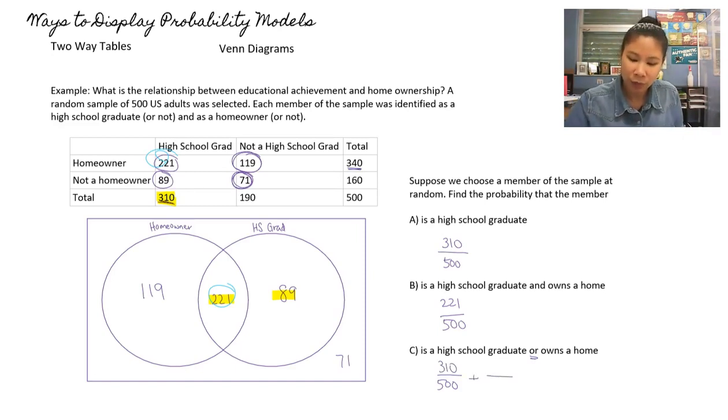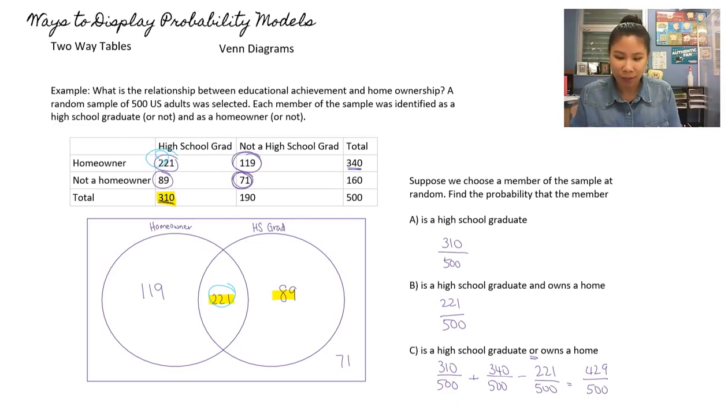We can add that to the probability of them owning a home, which would be 340. But then that ends up double counting the people who are both a high school graduate and own a home. So we'd have to subtract that out, which was the 221 out of 500. So doing that math, I end up with 429 over 500.